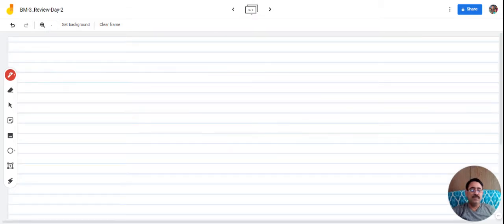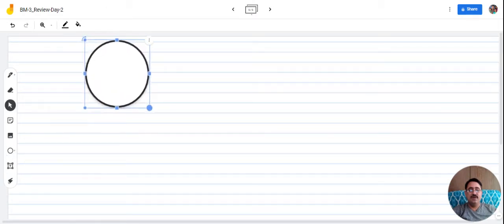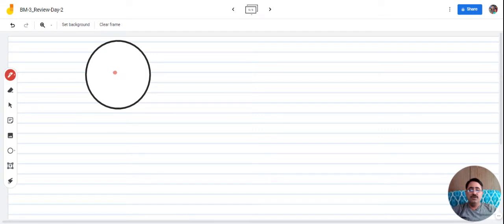Next rule is, let's say that a circle is given, and a tangent is drawn. Tangent means a line touching the circle at one point.